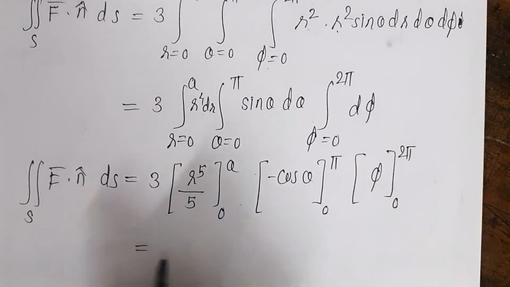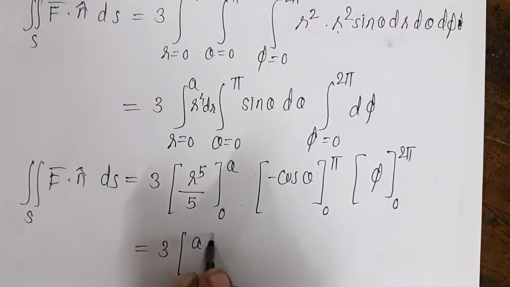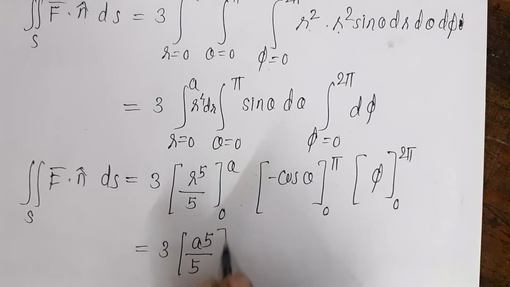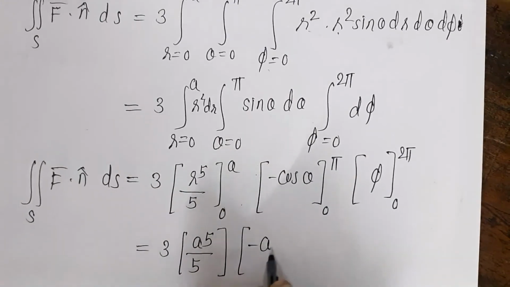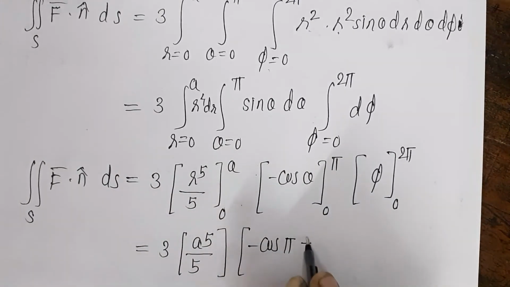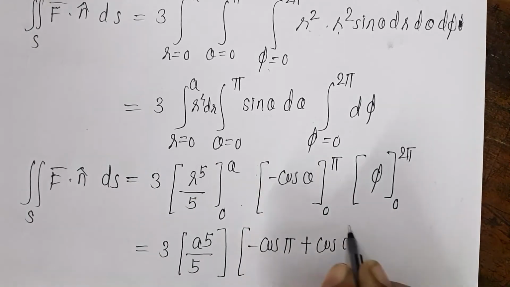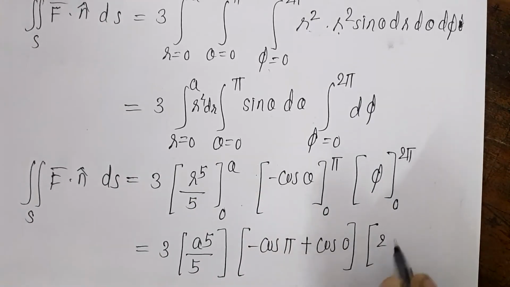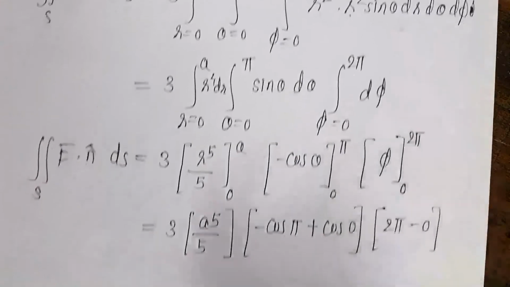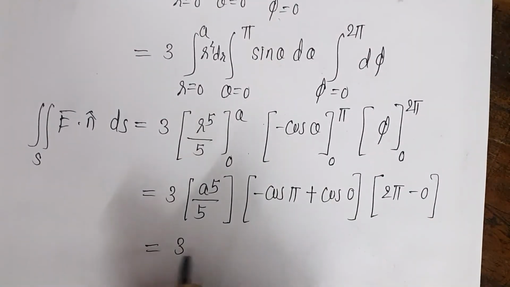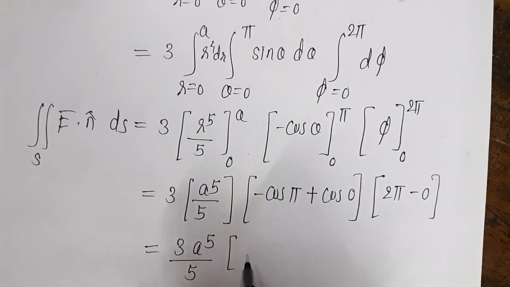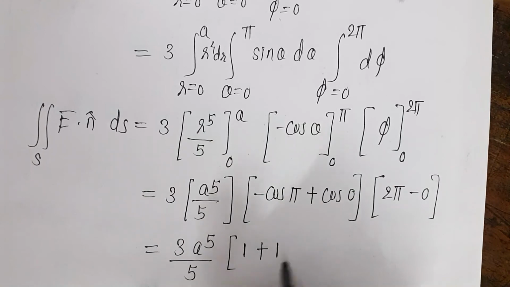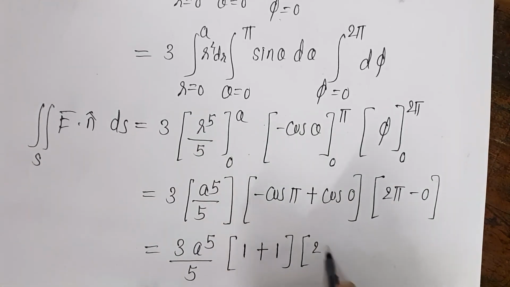Now substitute, it is 3 times a to the power 5 by 5, lower limit is 0, minus cos pi, minus minus plus cos 0, and this is 2 pi minus 0. So this is equal to 3a⁵/5, cos pi is minus 1, minus with that minus 1 it is plus 1, cos 0 is 1, multiplied by 2 pi.